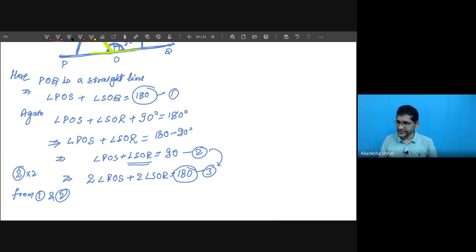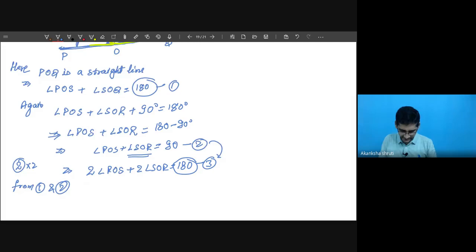This 180 degree is going to be eliminated. So we can equate this angle POS plus angle SOQ is equals to twice of angle POS plus twice of angle SOR.